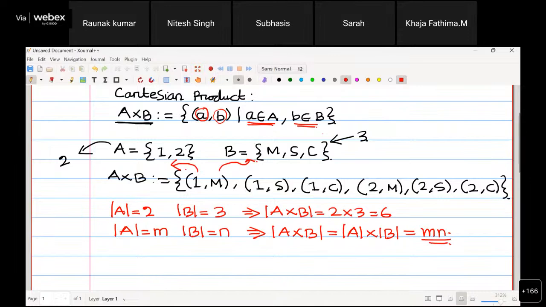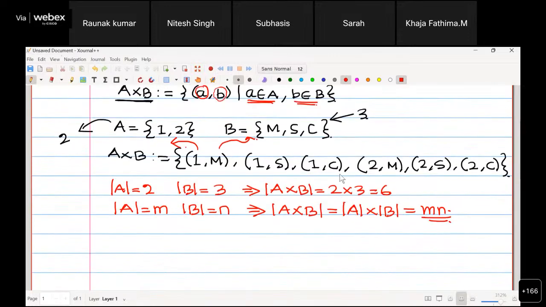Okay, so this is how you can define the cardinality as well. Once you know the sets A and B, then you can write down all the elements of A times B, and even without knowing all the elements, you can directly say the cardinality of A times B, that is A Cartesian product B.